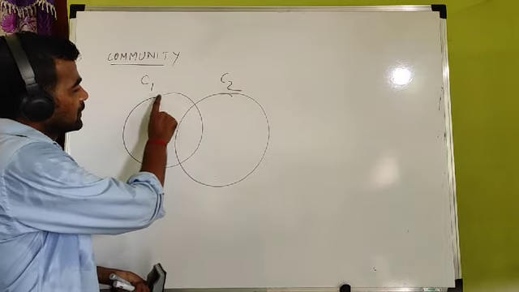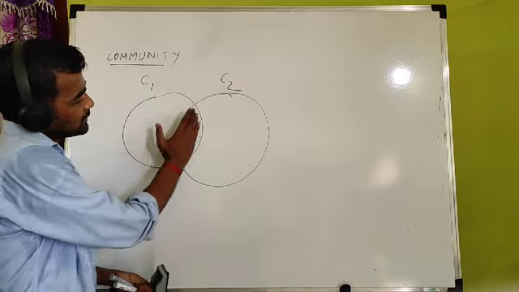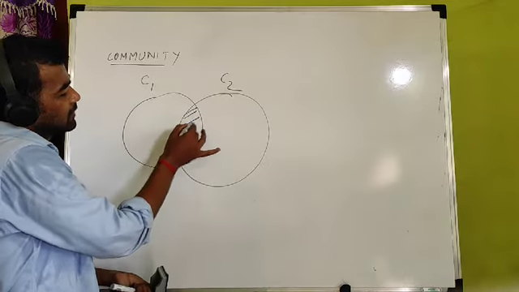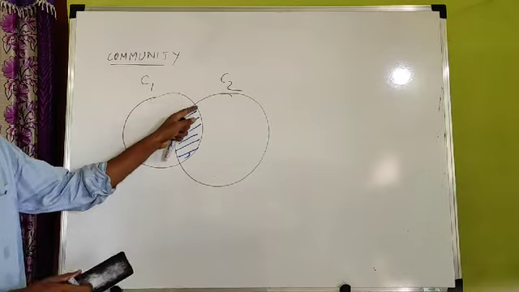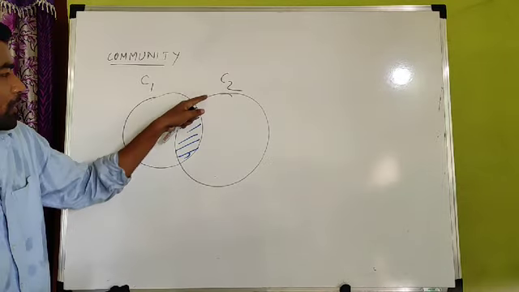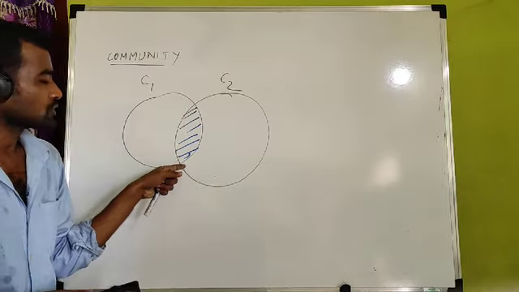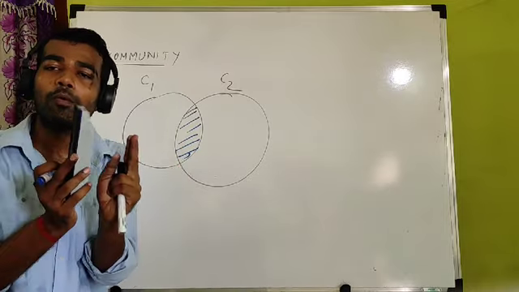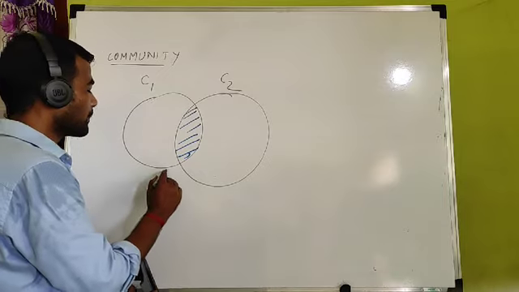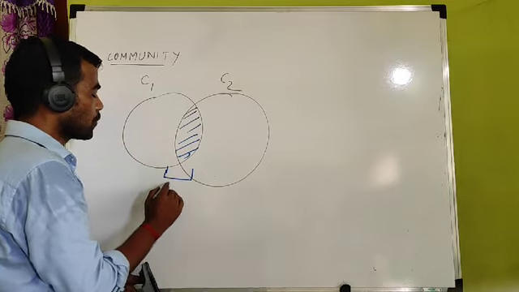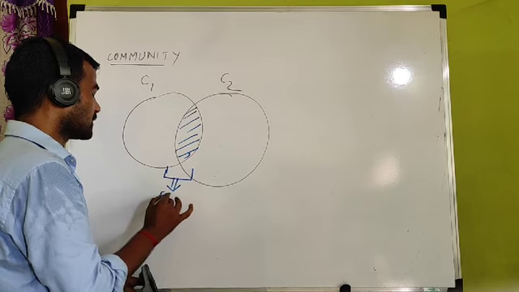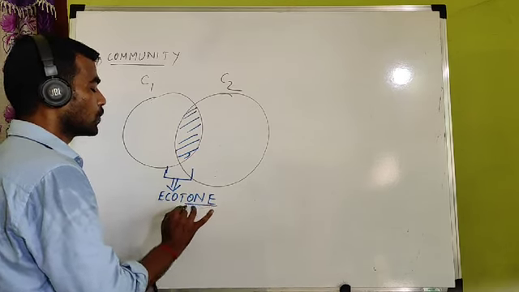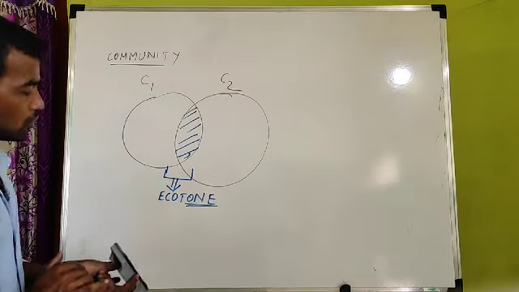You can mark here, this is community 1, and part of community 1 is overlapped by community 2. So this is the transition zone, the overlapping zone, and this overlapping zone is called an ecotone. This is an important term, ecotone. Sometimes a question comes, what is ecotone?